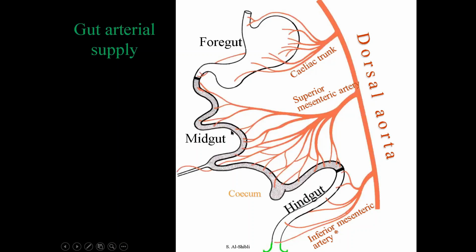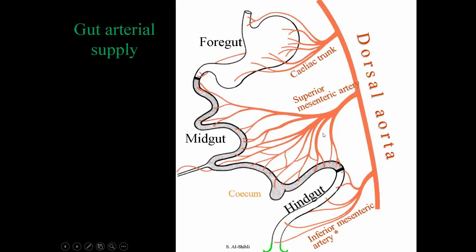Is it foregut, midgut, hindgut? It is midgut. So definitely it must take a blood supply from the superior mesenteric artery. Okay. Stomach, is it foregut, midgut? Definitely it is foregut. So total blood supply must come from the celiac trunk through its branches. And the same goes for the whole thing.